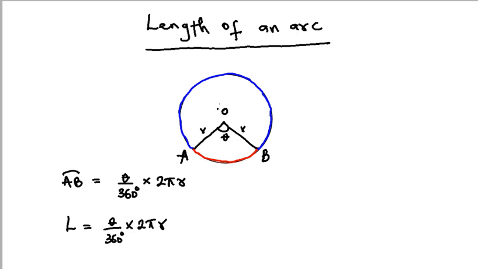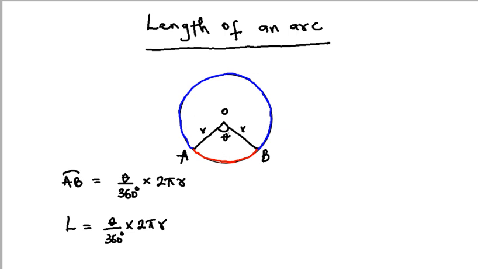As you can see, the one in blue is bigger than the one in red. The distance covered by the blue is bigger than that of the red. So this is the minor arc AB, the one in red, and the major arc AB, the one in blue.